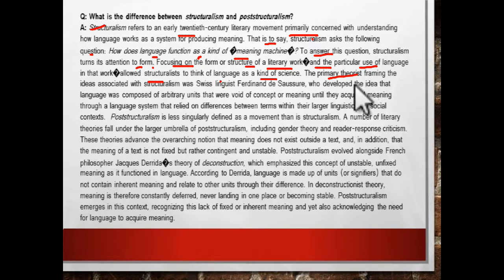The primary theorist framing the ideas associated with structuralism was the Swiss linguist Ferdinand de Saussure, who developed the idea that language was composed of arbitrary units that acquired meaning through a language system, relying on differences between terms within their larger linguistic and social context.